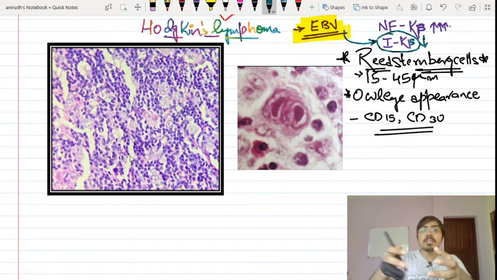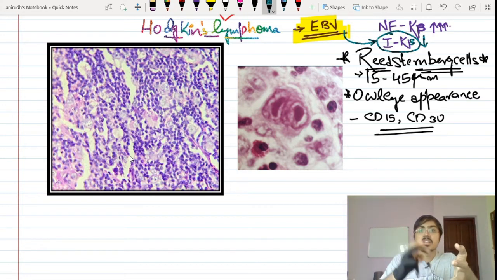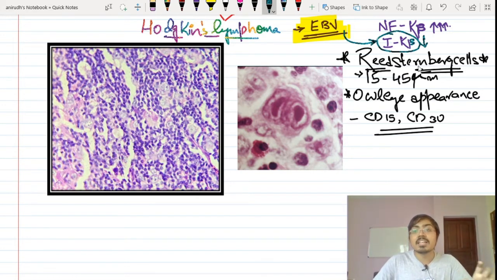So in this inflammatory background of plasma cells, monocytes, and lymphocytes, you will be seeing these Reed-Sternberg cells. So Reed-Sternberg cells in the inflammatory background is the classical feature of the histopathology of Hodgkin lymphoma, right? That is the basic idea that we are supposed to have.